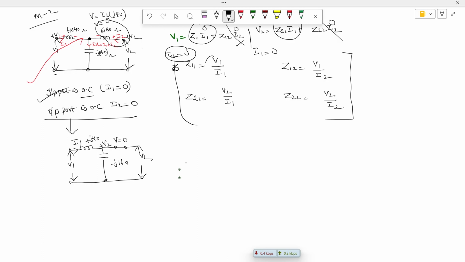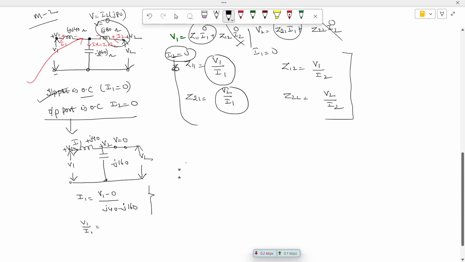Now we require the relations of V1 by I1 and V2 by I1. So let's write the expression for I1. What is the voltage at this point? V1. I1 we can write as V1 minus 0 divided by j40 minus j160 is one equation. From here we require the ratio V1 by I1, so bring this I1 to the denominator.